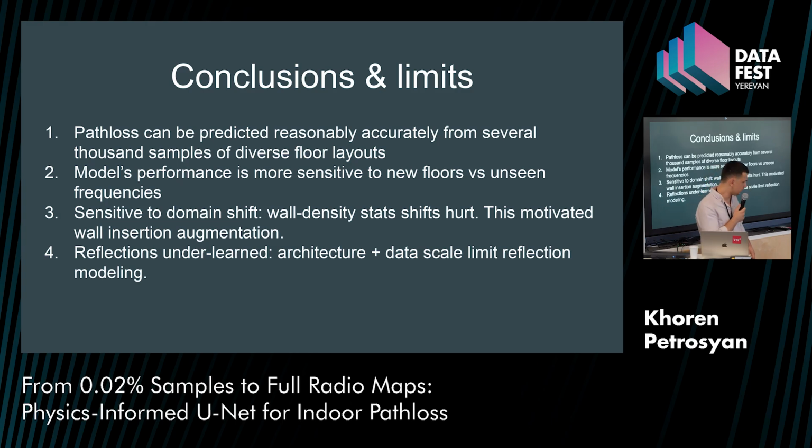And one interesting thing was that convolutional networks have a really hard time learning reflection patterns. Transmittance it would learn pretty quickly, and diffractions we noticed convolutions could model reasonably well, but reflections, they struggled a lot.